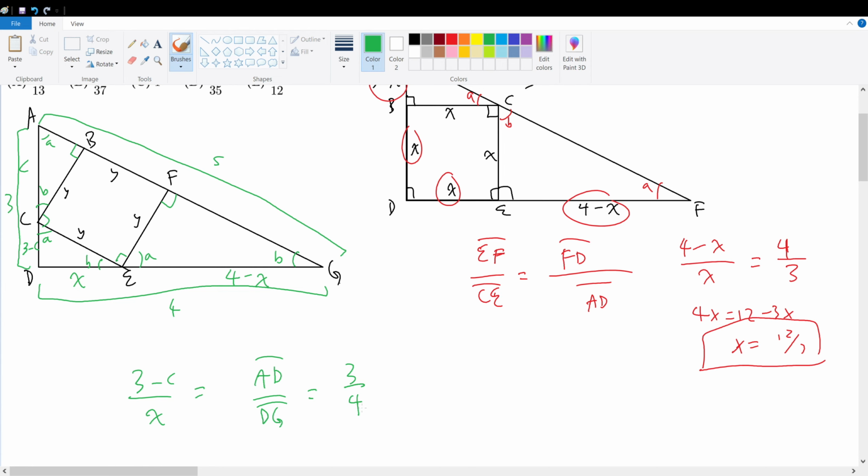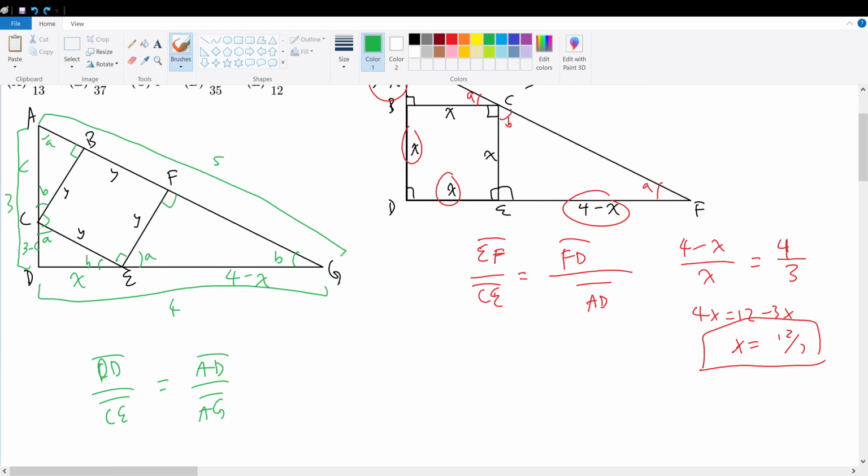And now let's use another right triangle. Actually, we shouldn't be using 3 minus c, because we always want to relate it to given information. We want to relate it to y, because we're trying to solve for y. So instead, let's do CD over CE. CD over CE is AD over AG. Now, what is CD? CD is 3 minus c. And I don't like 3 minus c. Let's not use c. Let's just keep it simple.